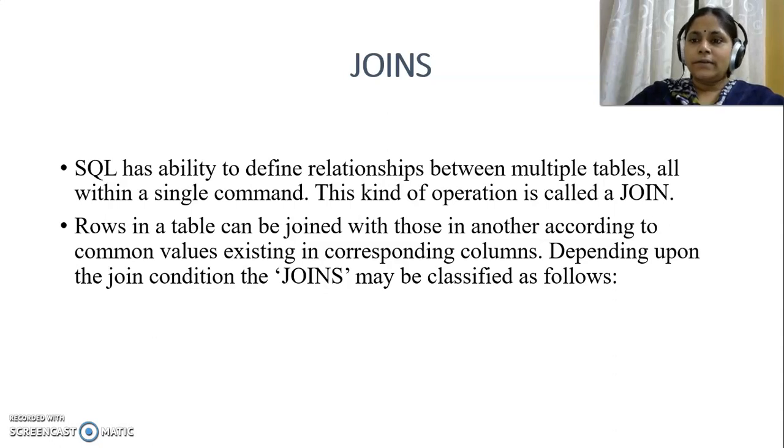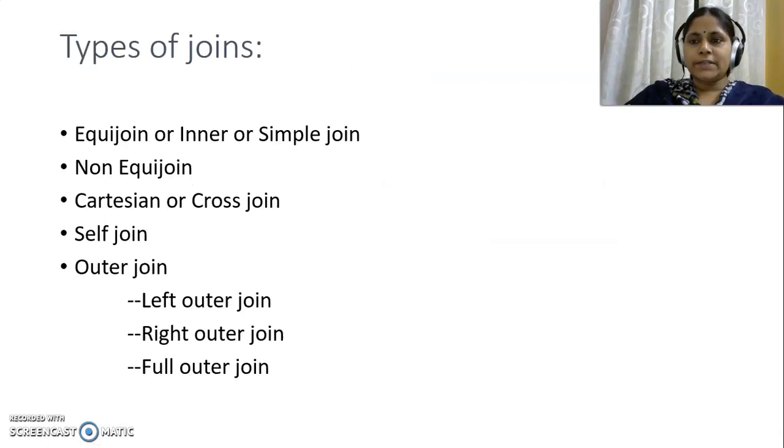Whether we join based on the common values in both the columns of the tables or any other criteria is something we will see shortly in the next slides. Depending upon the types of join conditions, joins are classified into different types: equi-join, also called inner join or simple join, is the first variety, and the second variety is non-equi-join.